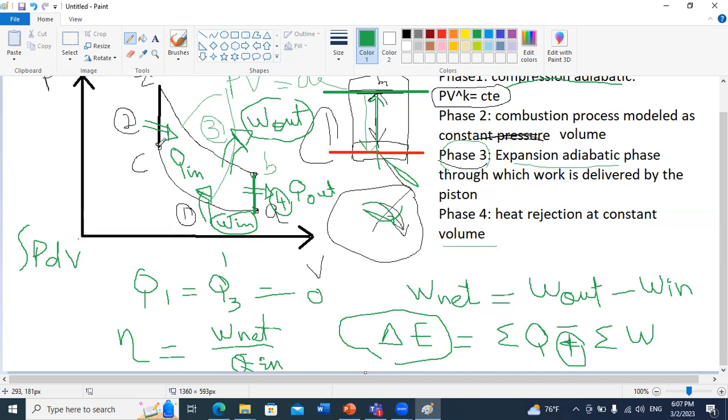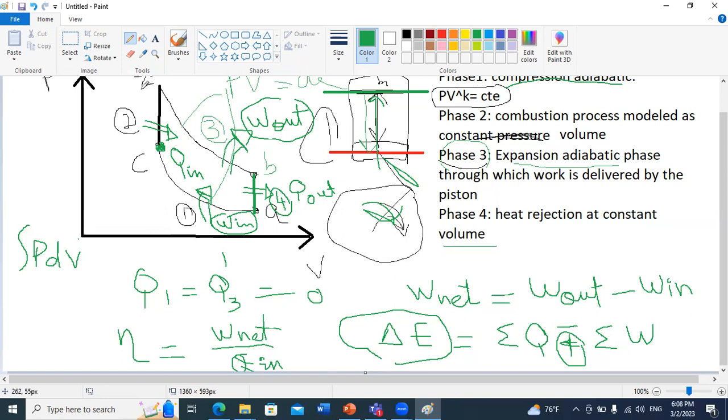Look, I want to consider the whole cycle, okay? I am considering the energy variation in the whole cycle. I'm starting at point C and I'm getting back to C. Do I have any energy change if I go back to the same point? No, because I have a closed cycle.